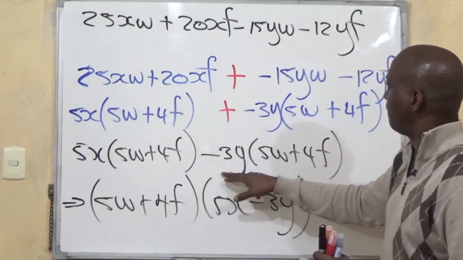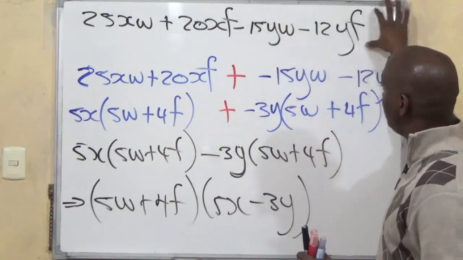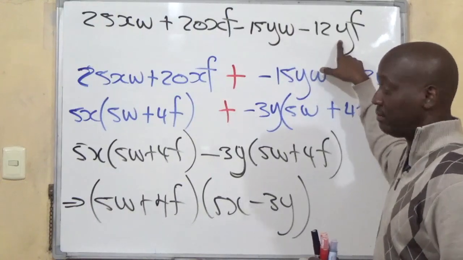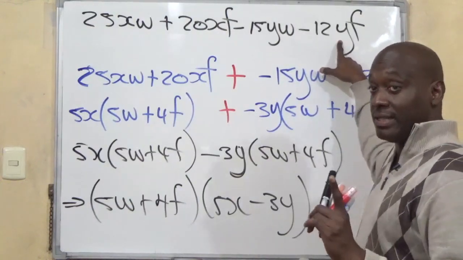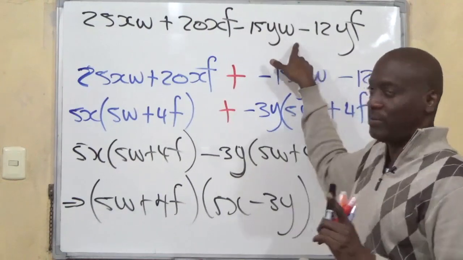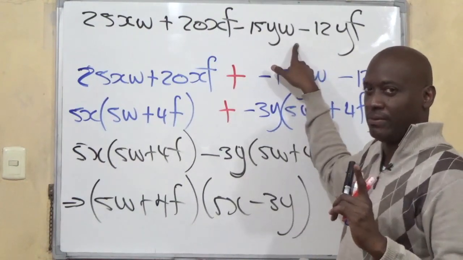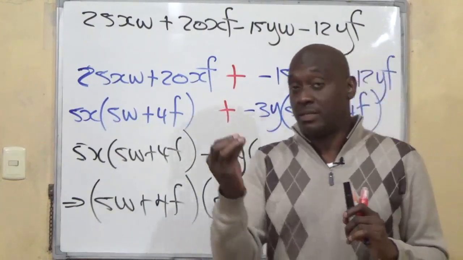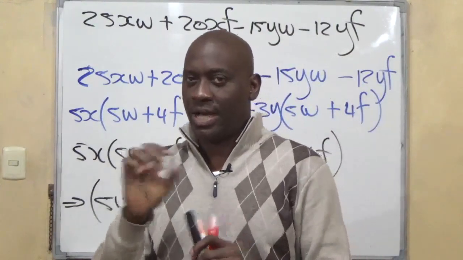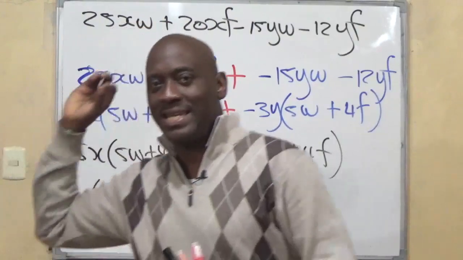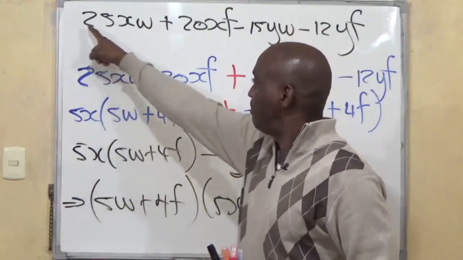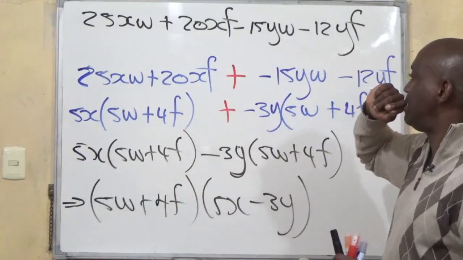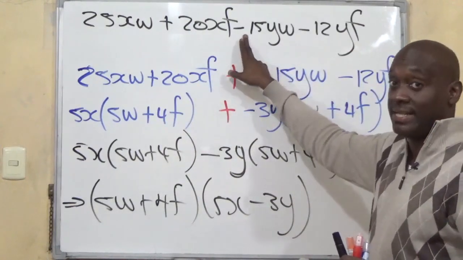because there are people who will try to factorize this as 15yw minus 12yf, not understanding that this 15yw is not 15yw. It is minus 15yw. You must consider the sign at all times, whether the sign is implied, as the positive sign is here, or whether the sign is stated, as the negative sign is here.